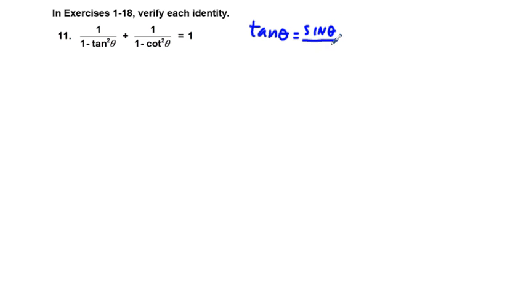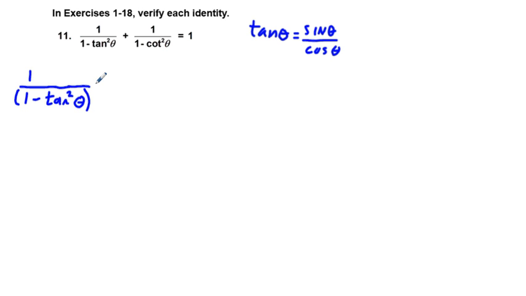But what I think is going to happen here is we're going to be able to simplify easier just using this as a common denominator between these two terms. So let's go ahead and work that out. We're going to have this 1 over 1 minus tangent squared theta, and I'm going to put that in parentheses.